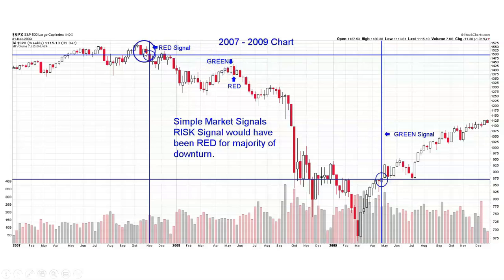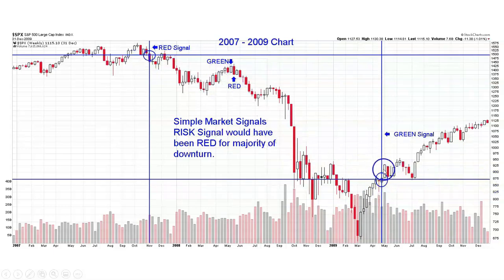But think about this. Again, you could have got out, or went to cash or done whatever you wanted to do right around 1500 to protect your portfolio, and you would have had a green signal that would have come out around 875 on the S&P 500 right here in 2009.